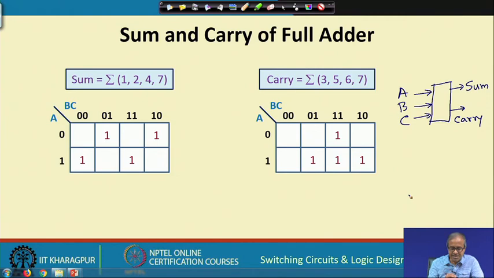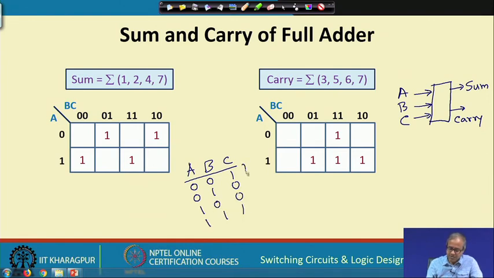If you check the truth table, if we look at the sum and consider the values of A, B and C, when will the sum be 1? Sum will be equal to 1 only for the min terms 1, 2, 4 and 7. 1 means 0, 0, 1, 2 means 0, 1, 0, 4 means 1, 0, 0, 7 means 1, 1, 1.